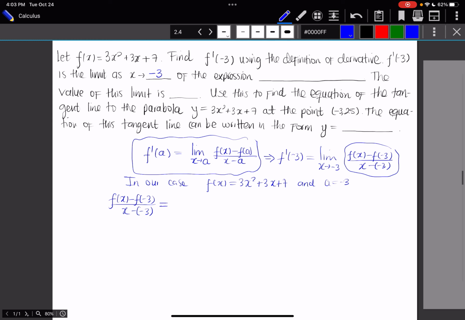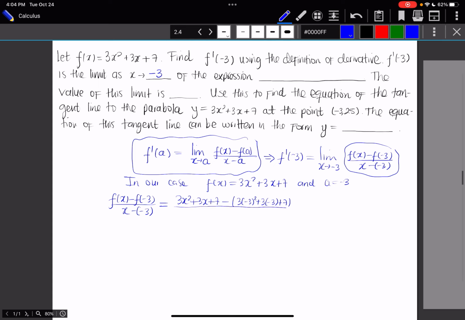f of x is 3x squared plus 3x plus 7. Now f of -3 comes from making x equal to -3 in this equation of f. So we do 3 times -3 squared plus 3 times -3 plus 7.